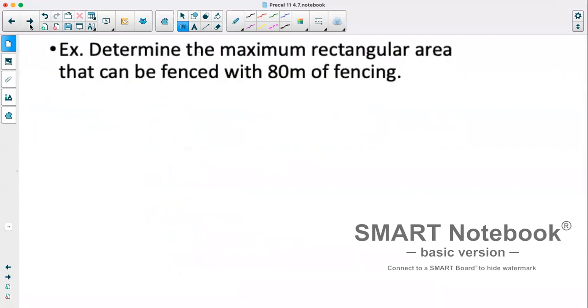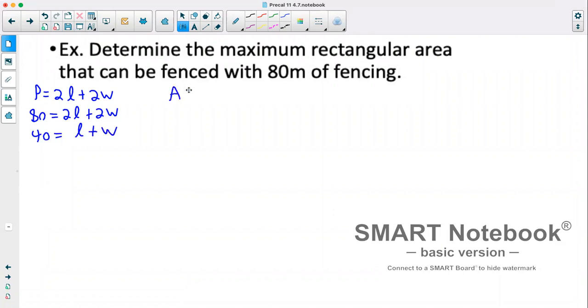Next example, determine maximum rectangular area that can be fenced with 80 meters of fencing. So for this, we need to understand that the perimeter of a rectangle is 2 times our length plus 2 times our width. And we're given 80 meters of fencing is going to do that. So right off the bat, everything there is divisible by 2. So I would divide everything by 2.